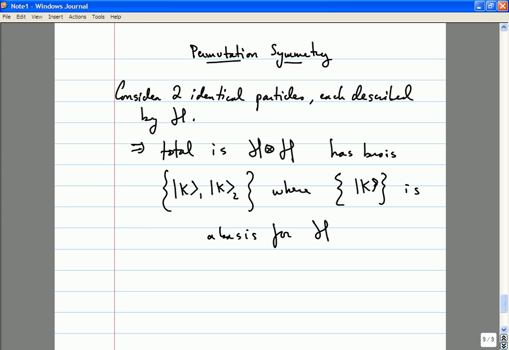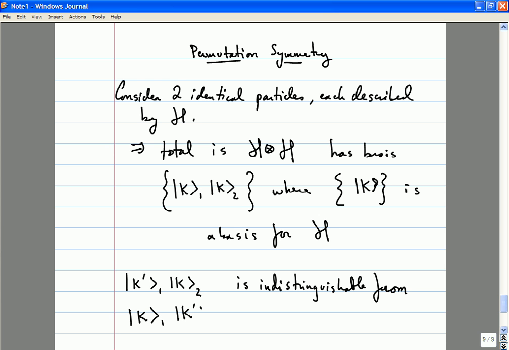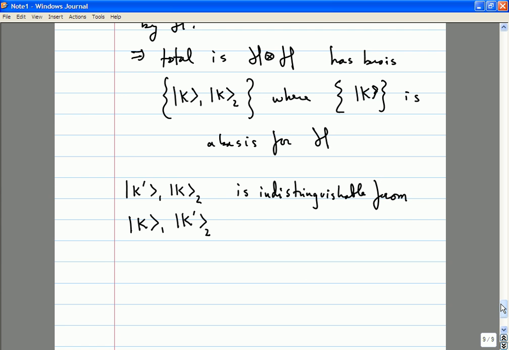And if the two particles are identical, then that means that the basis element K1, K prime 1, K2 is physically indistinguishable from the state where the first particle is in a state K and the second particle is in the state K prime. So what does that mean?